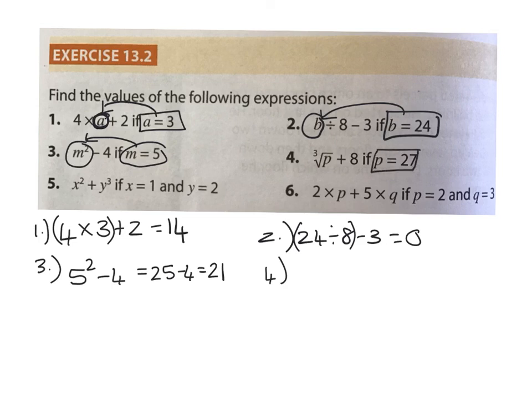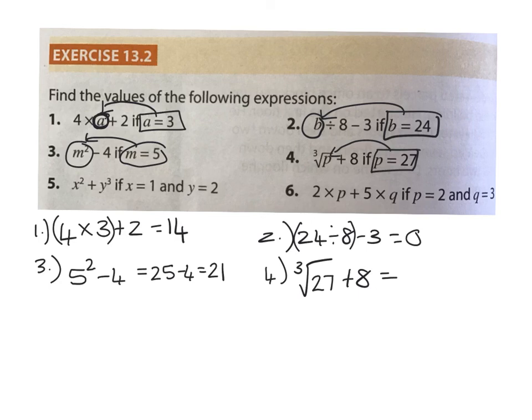Next, I'm replacing the p with a 27. But then I must still work out the cube root of it. Cube root means what times what times what gives me 27? 3.